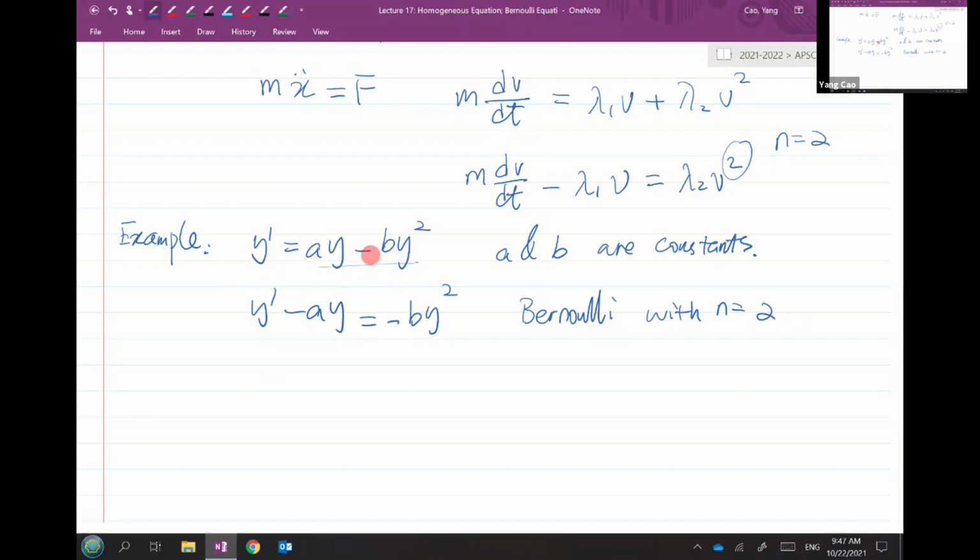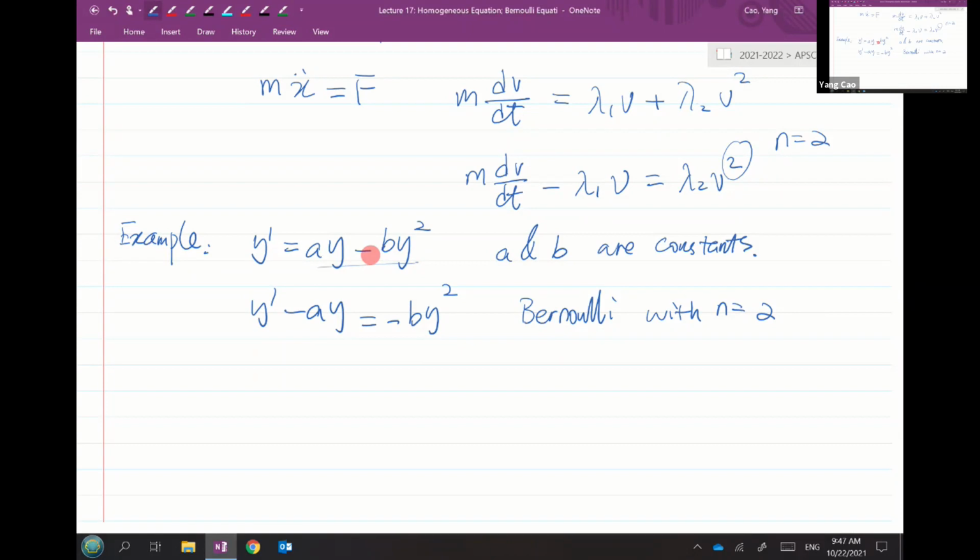Maybe easier, maybe not. Anybody? I mean, it's nonlinear, right? Let's think about all the types that we have learned. Which type could you fit this into?